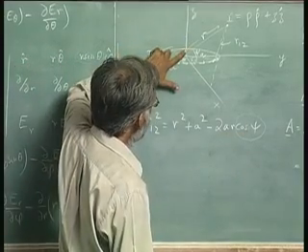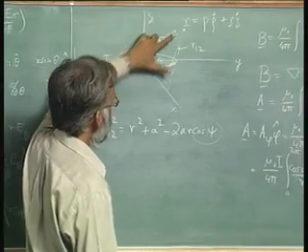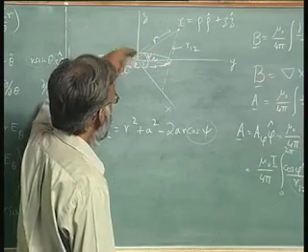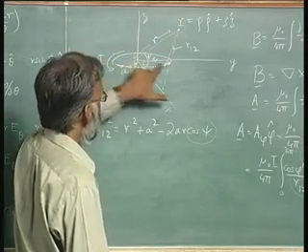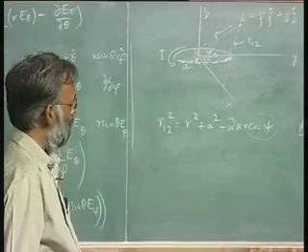Cos phi is the angle between the observer vector and the radius vector of the loop.